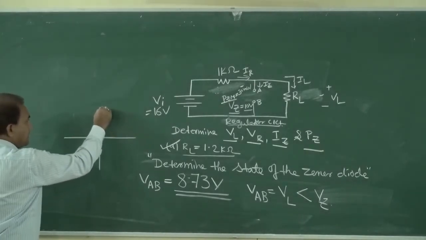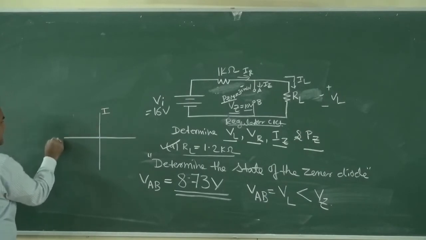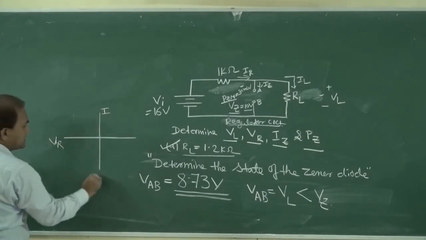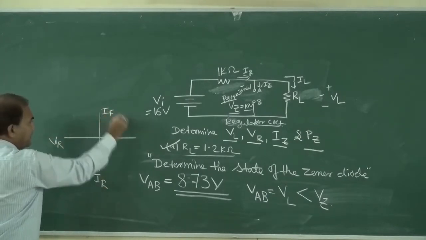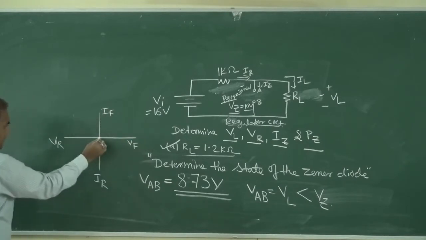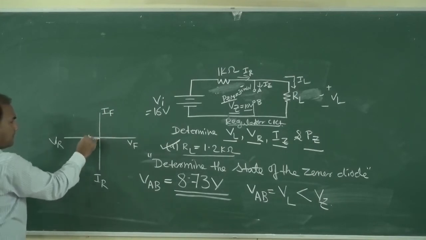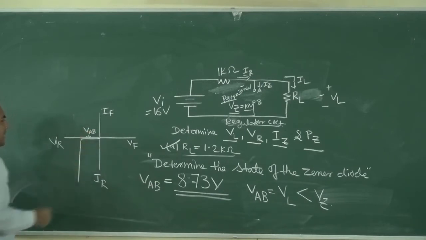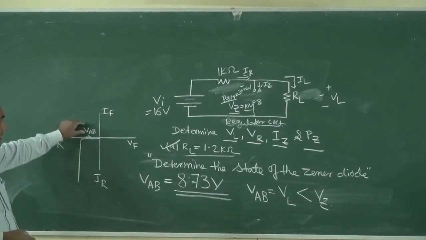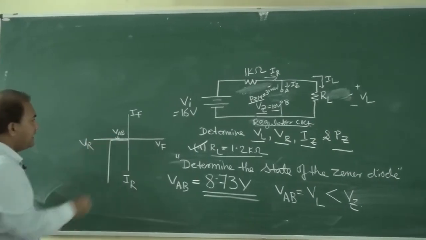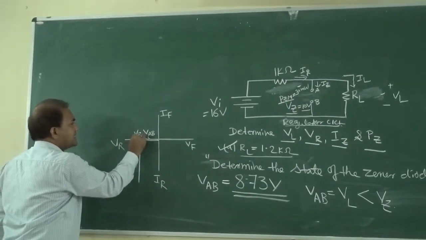This is I, this is VR, and this is IR, IF, and forward bias voltage. You can see the graph. VAB is at this point and VZ is at this point.